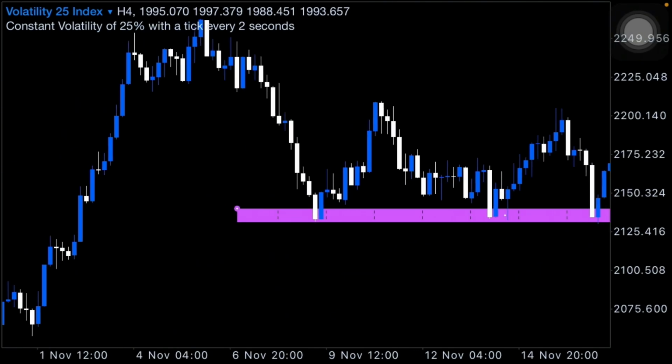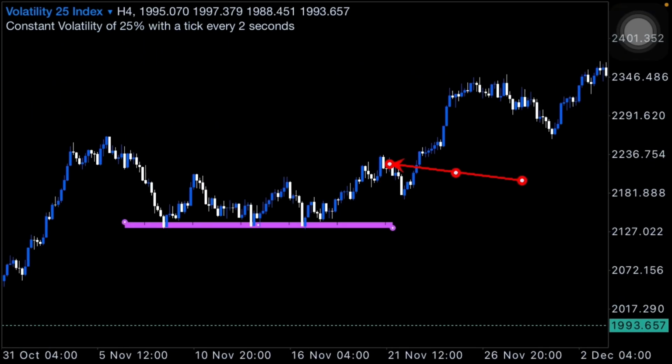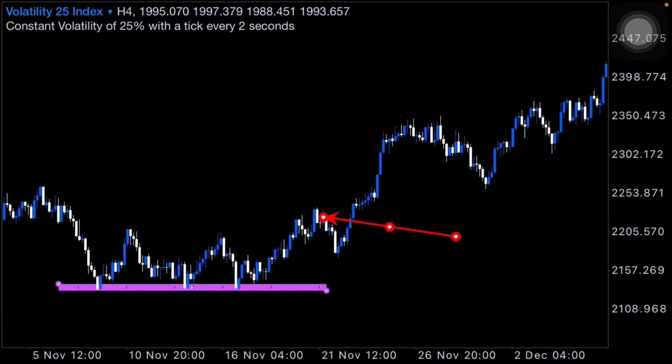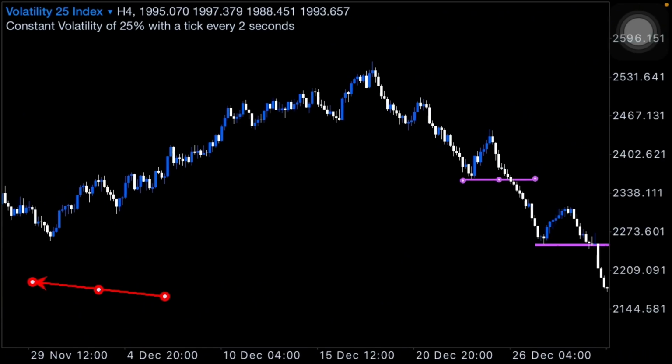This way it will definitely break the previous structure high or low, like this one here. See, it came here, it takes the liquidity off these equal lows before surging forward with the impulsive movement. So these are what you should be looking out for.